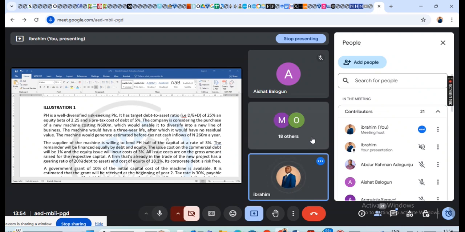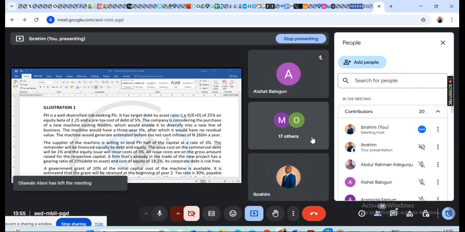Debt is 100, equity is 100. Now, if you have debt over equity of 25%, debt is 25, equity is 100. So you can see the instance, Aisha. Yes, I got it. Okay, that's fine.